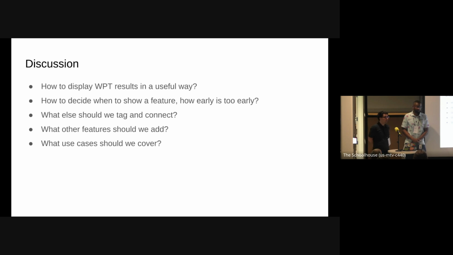So we could then show them on the web platform dashboard, either as an overview or in the individual feature page. So I just mentioned vendor positions, for example. That's currently something that we don't have on the dashboard, but that we are discussing. And maybe there are other data sources that would actually make sense. What are the features we should add?